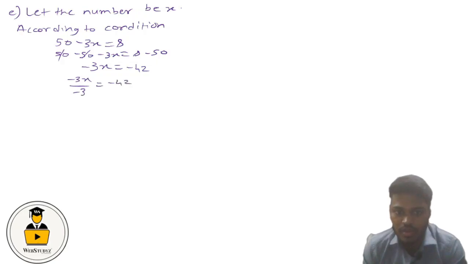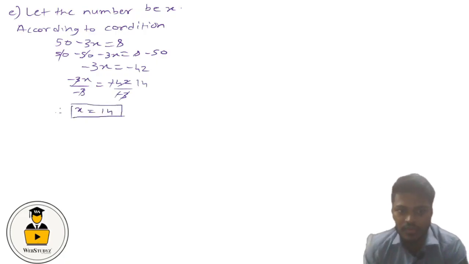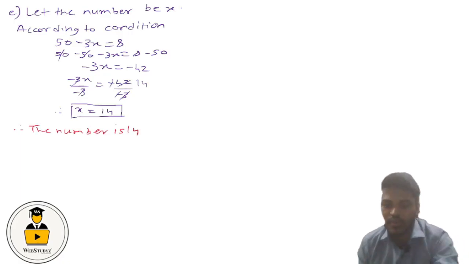So this will be minus 42 divided by minus 3. So minus 3 will get cancelled, and this minus sign will also get cancelled. Now we know that 14 3s are 42. So x comes out to be 14. So therefore we can say that the number is 14.